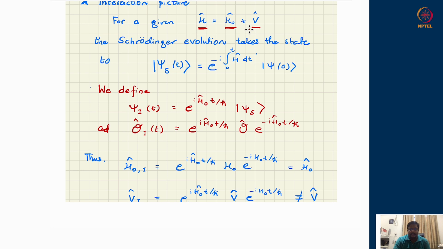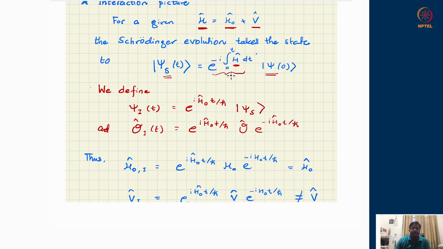So we know that under Schrodinger evolution, if the total Hamiltonian is time dependent, then this time evolution operator, e to the power minus i integration of the Hamiltonian over dt, will act upon the initial state psi 0 and give me the final state at time t. So this is the time evolution operator.